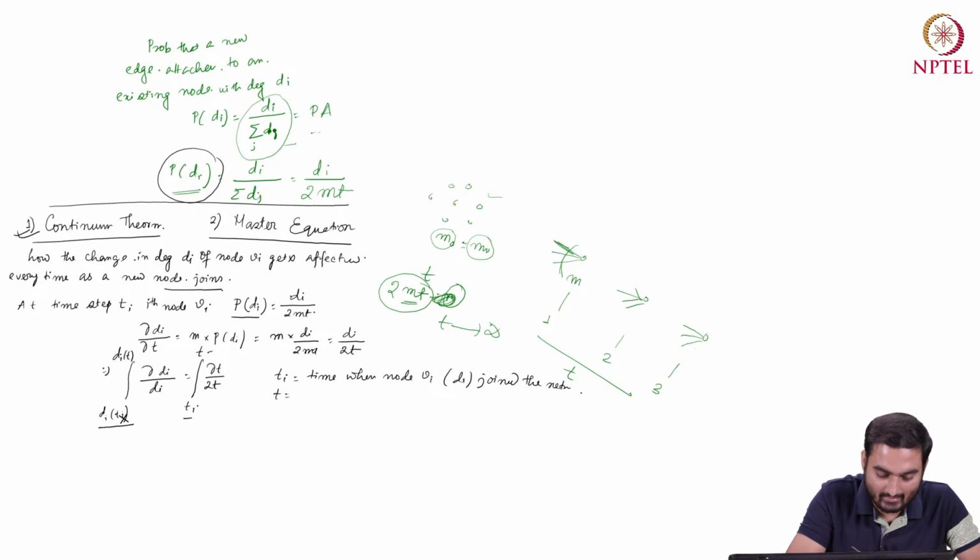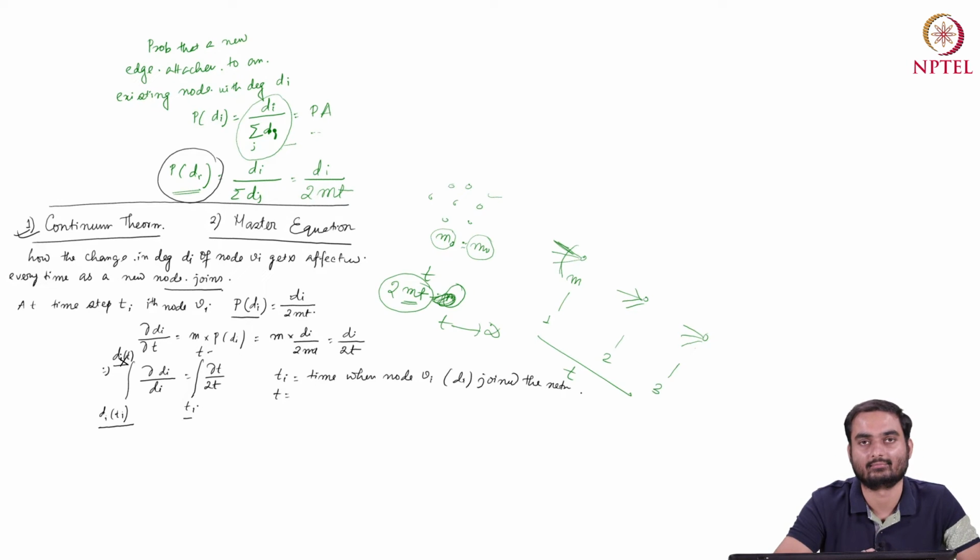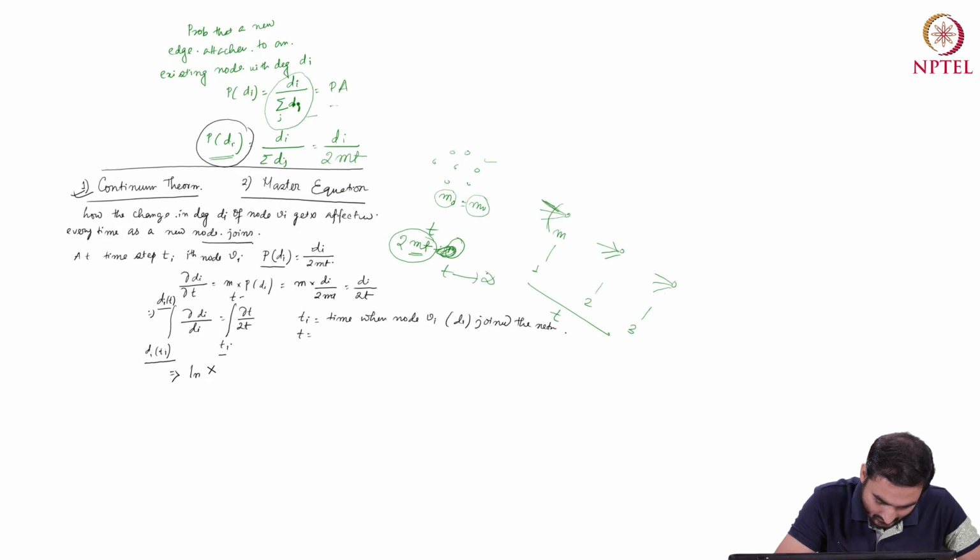And what is d_i(t)? d_i(t) is the degree d_i at time t. So if we do this integral, you will get log of d_i(t) by d_i(t_i) equals half log of t by t_i.